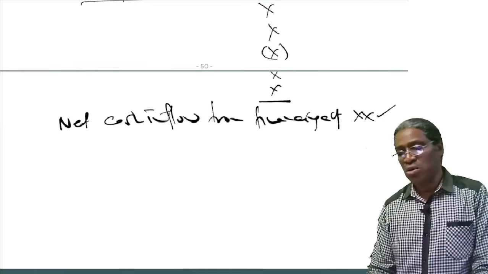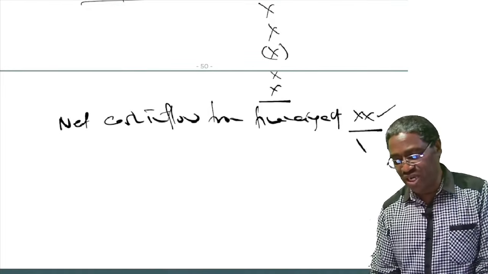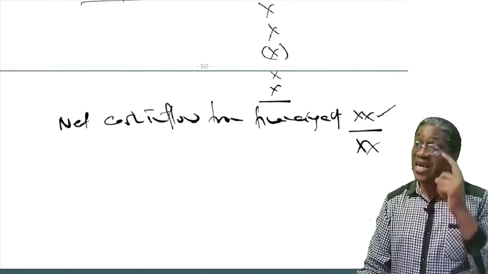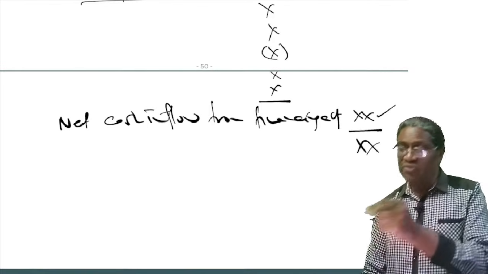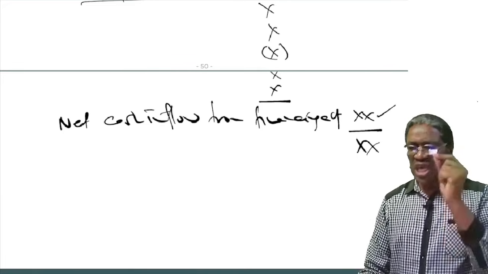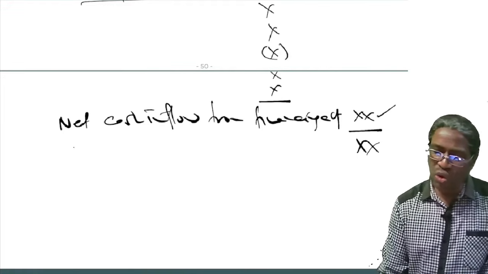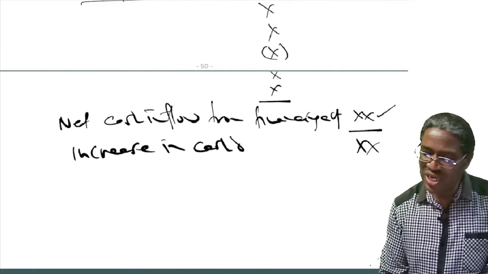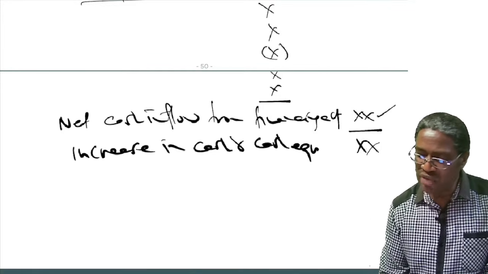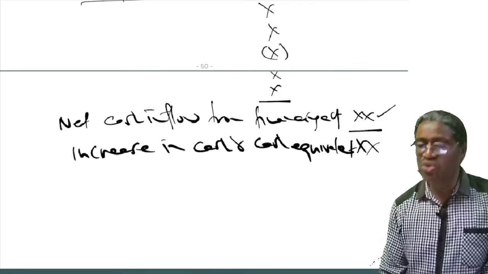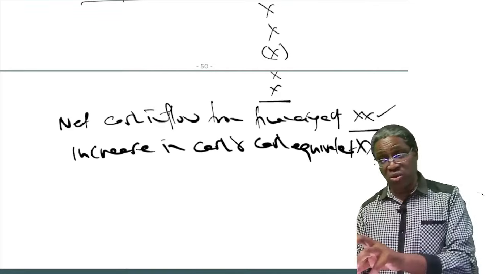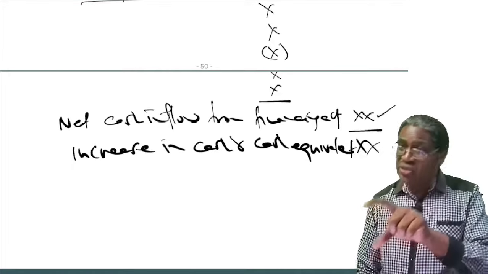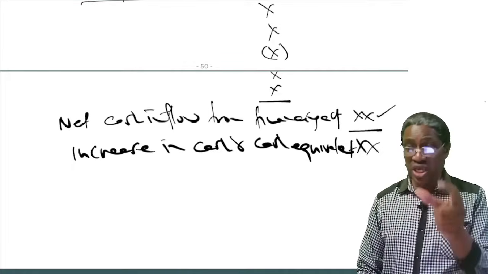That net could be either positive or negative. If it's positive, you used to call it increase in cash and cash equivalent. If it was negative, you used to call it decrease in cash and cash equivalent.